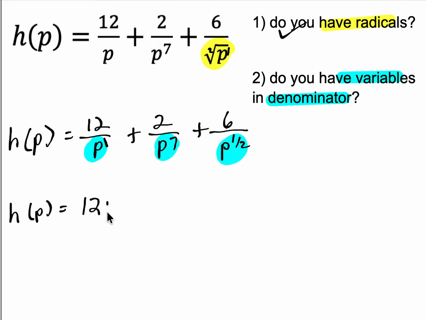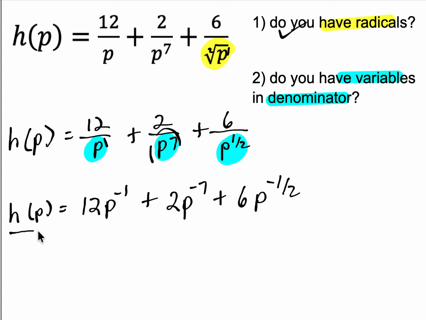So this is 12 times p to the -1st plus, if I want to bring this up, I make that 7 exponent negative, 2 times p to the -7th. And then I can do the same thing. It doesn't matter that I have a fractional exponent. When I bring it up from the denominator, I just make the exponent negative. So this is 6p to the -1/2.